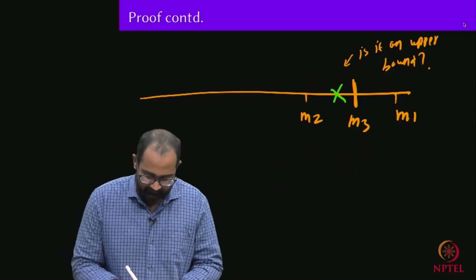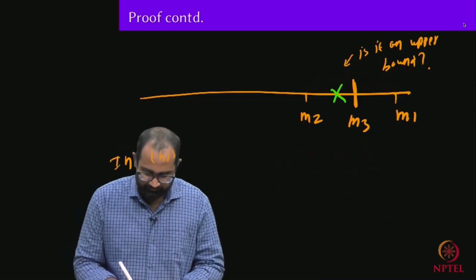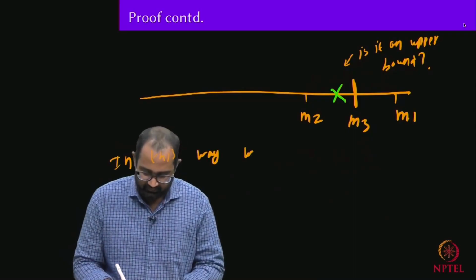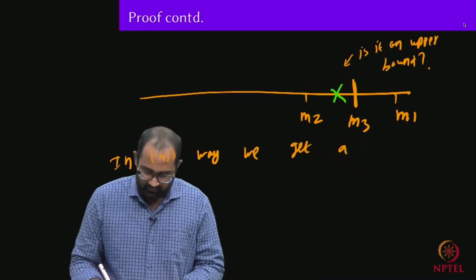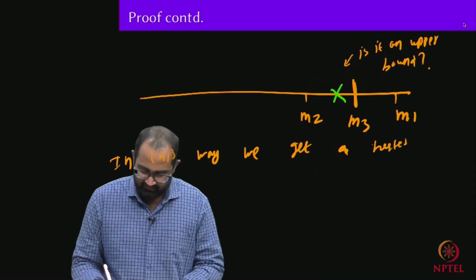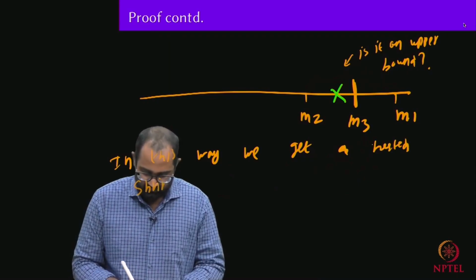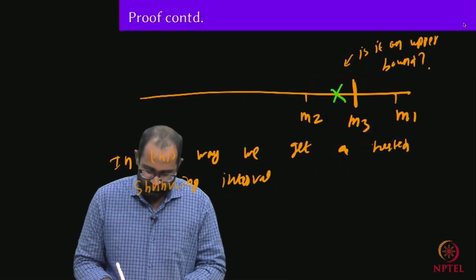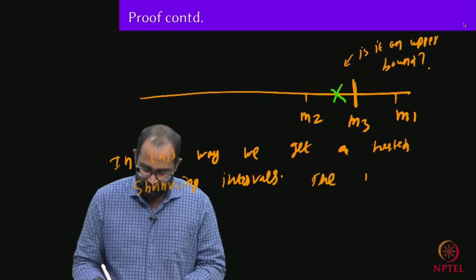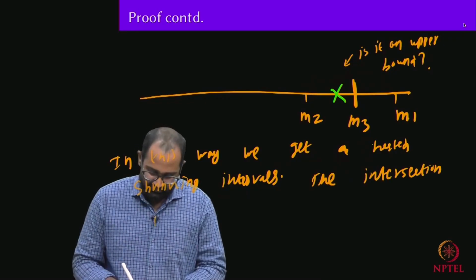So in this way, we get nested shrinking intervals. And as you can suspect, the intersection is a single point. Why is it a single point?